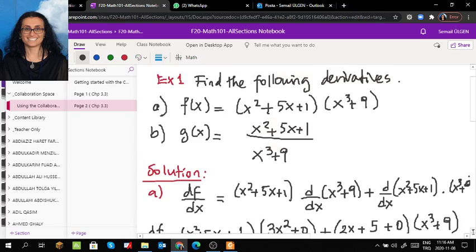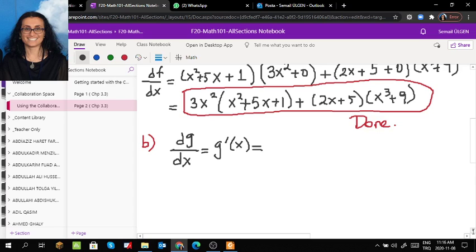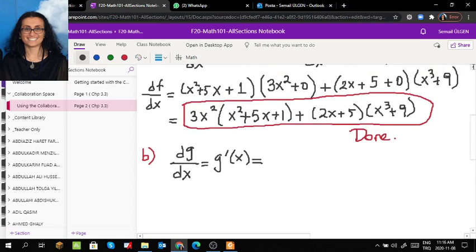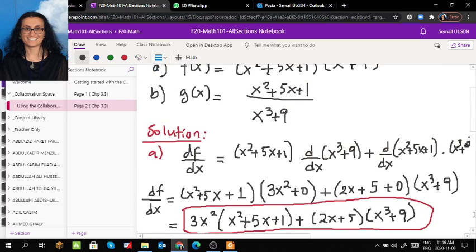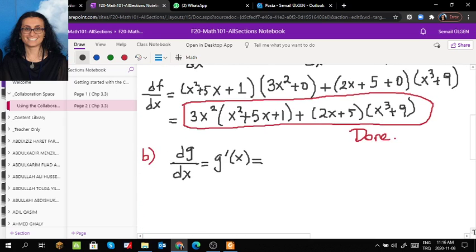This is the quotient of two polynomials, so I'm going to copy that down. So the derivative with respect to x is x squared plus 5x plus 1 over x cubed plus 9.